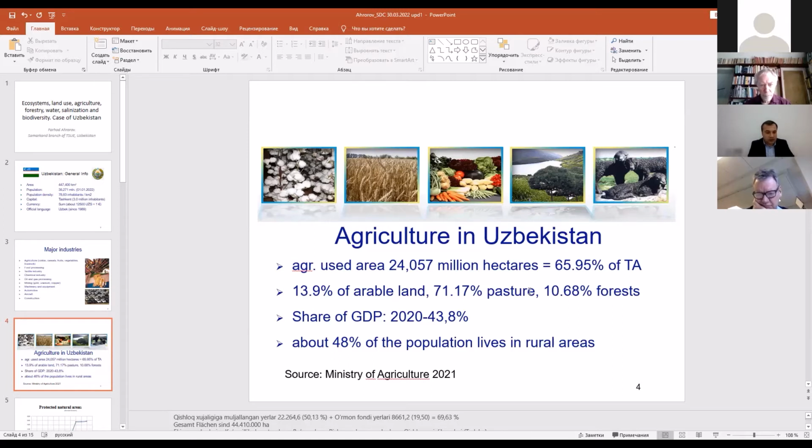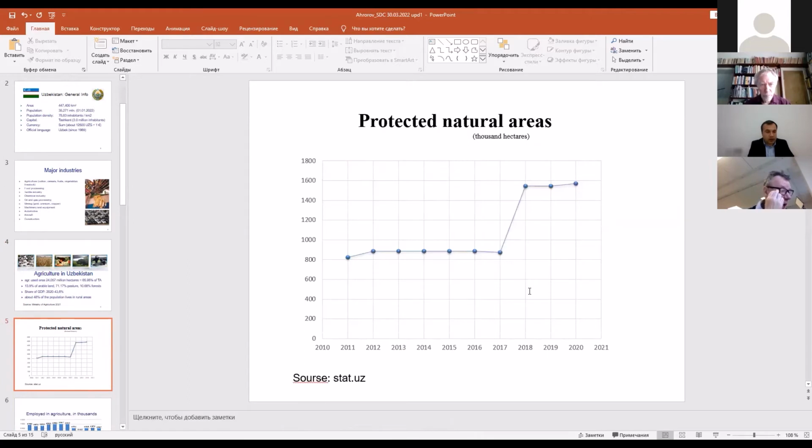So Lars has talked about protected areas. Here we have about 1.5 million hectares of protected natural areas. In 2017-18, there was an increase of protected areas in Uzbekistan, mostly of mountainous areas.